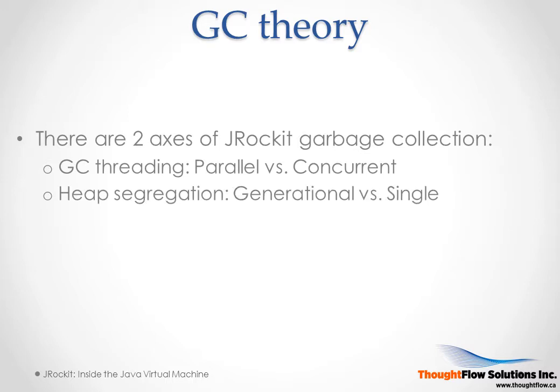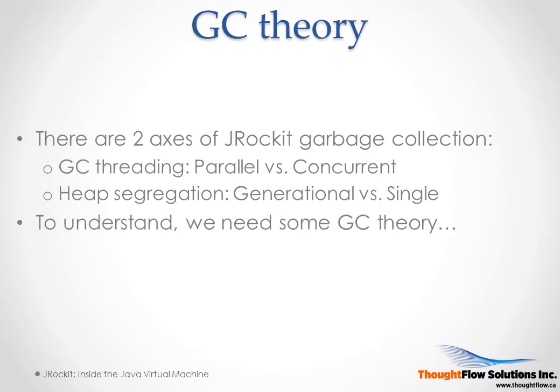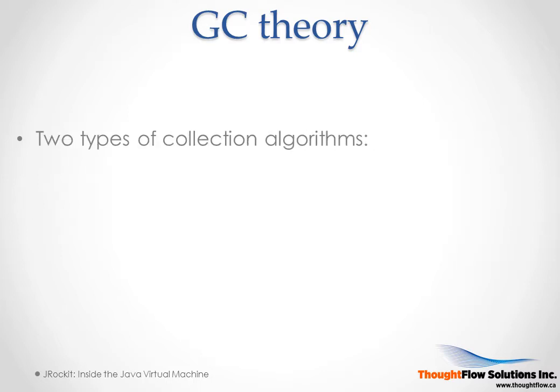The second axis is heap segregation. This is when we split up the memory into generations or have a single spaced one. We'll talk about this in much detail. But to really understand, we first need to look at some garbage collection theory.